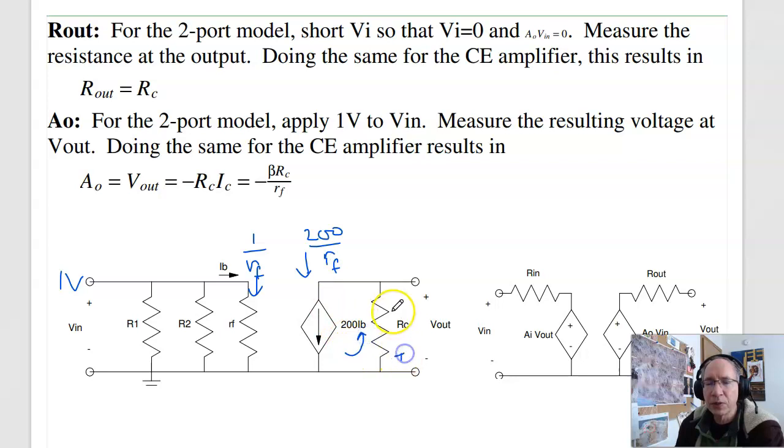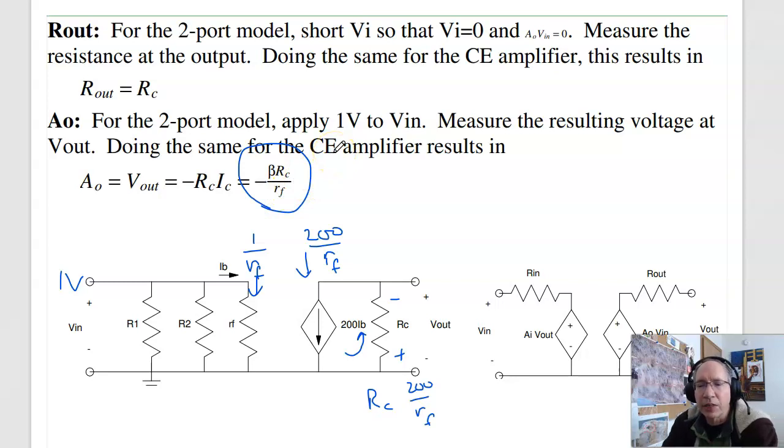This voltage is I times R. That voltage will be RC times 200 over RF. Relative to V out, the polarity is backwards, so the gain is actually minus. So the A out is minus beta times RC over RF. And there's your 2-port model.